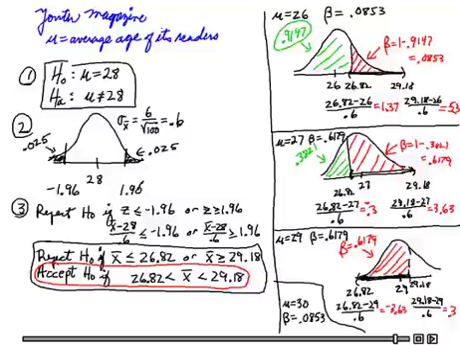So I hope this helps as far as how you would conduct a type 2 analysis on a two-tailed test. If I didn't like any of these values, for example, my probability of making a type 2 error being within 1 year of the 28 may be a little too high, the power's a little too low.